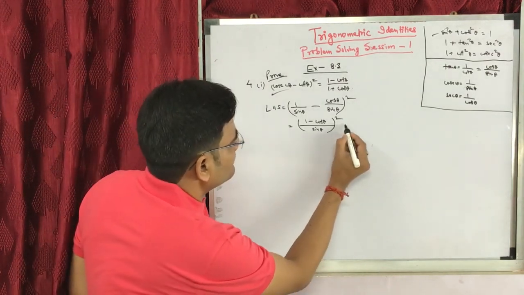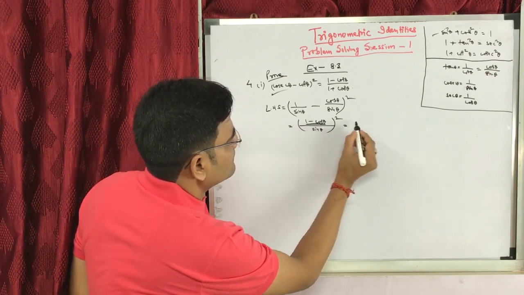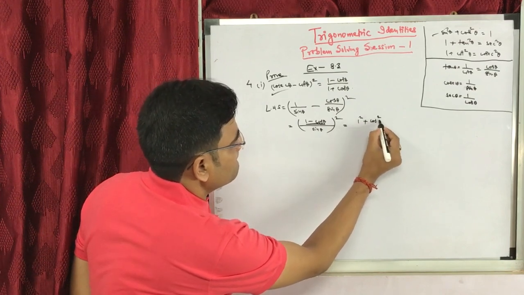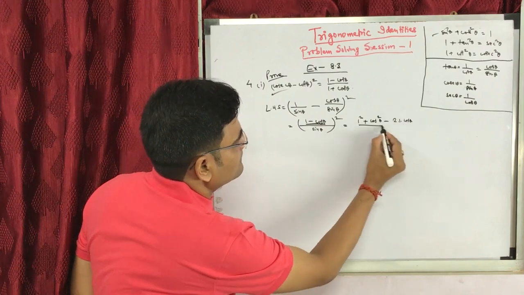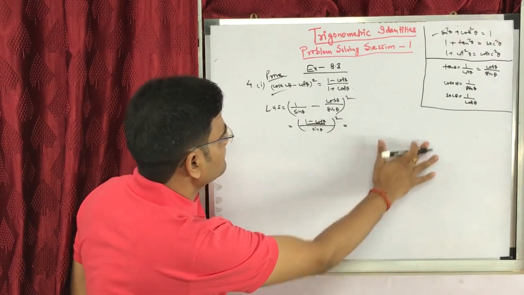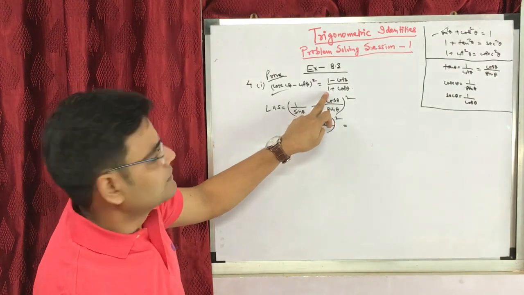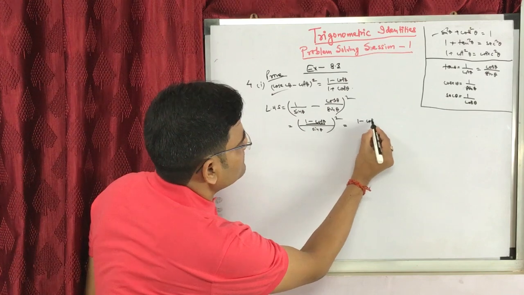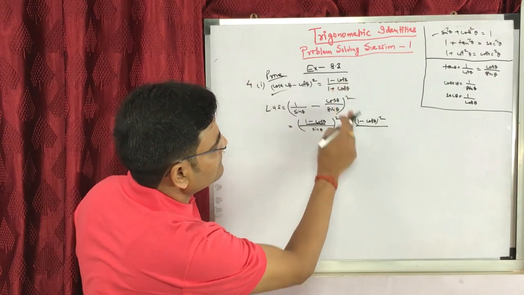Now break this as 1 minus cos whole square... no, don't break it, sorry. Why don't we break it? We have to focus on what is in the RHS, what needs to be proved. So we'll keep it as 1 minus cos theta whole square, because we need 1 minus cos theta, right?